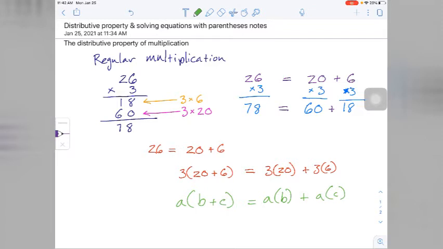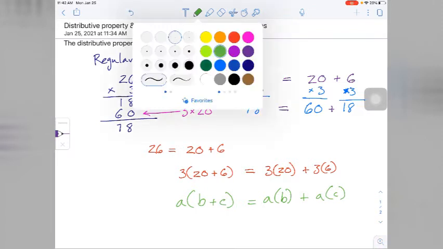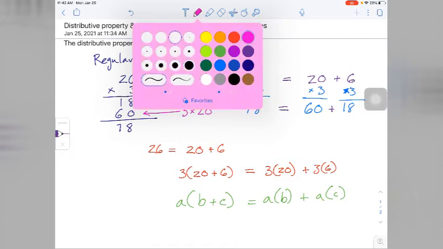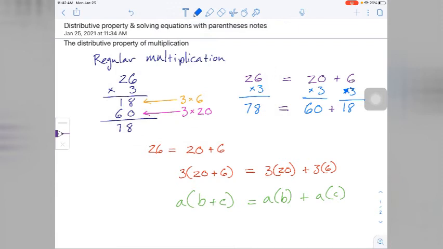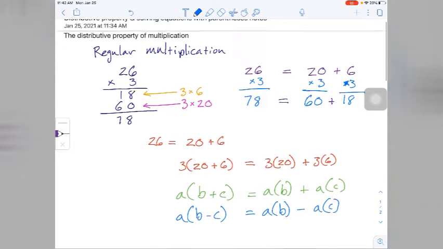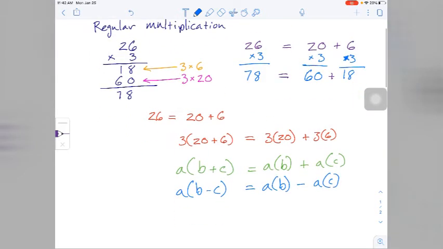So it doesn't really matter which one you do that with, and it also works with subtraction. So if I have A times B minus C, that is going to equal A times B minus A times C. So that's how the distributive property works.